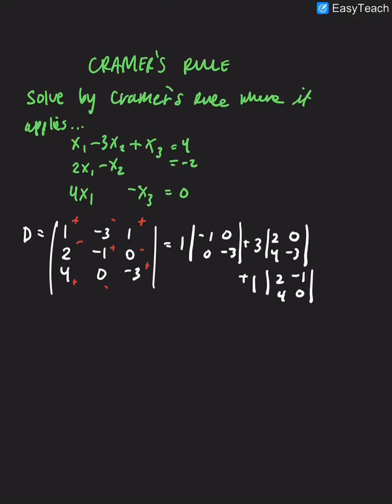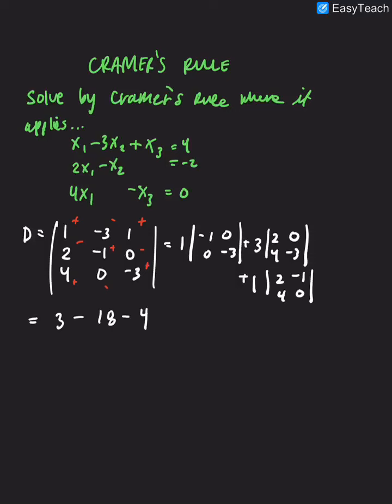And we get that it's equal to 3, since that's 3, yep, 3, minus 18 minus 4.